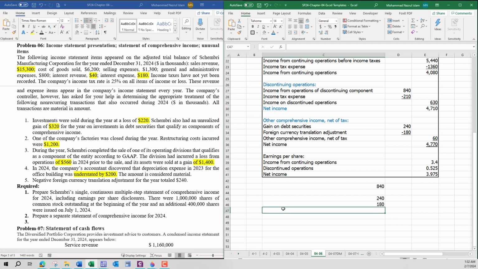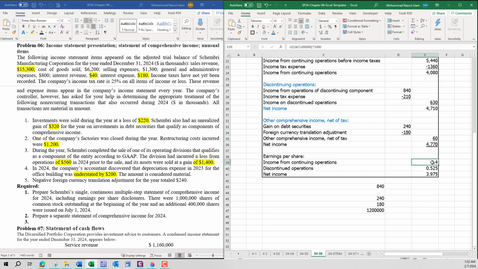So our weighted average shares would be 1 million plus 400,000 divided by 2, because it is half a year.